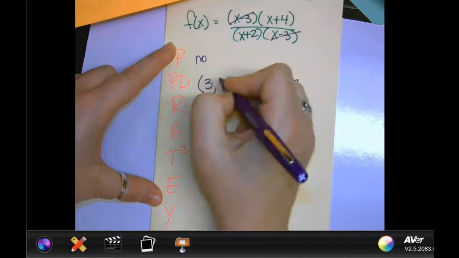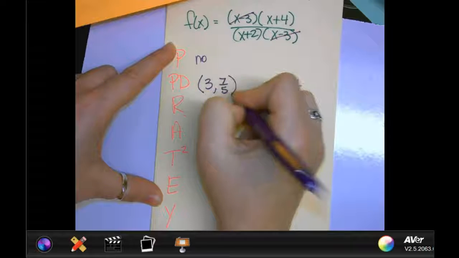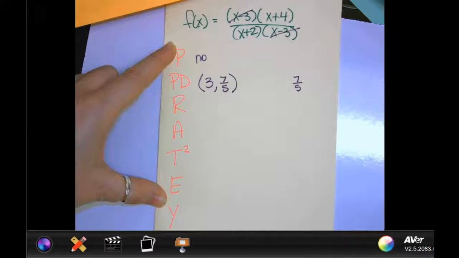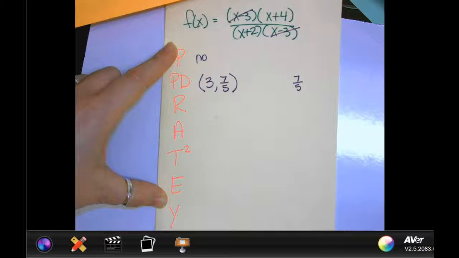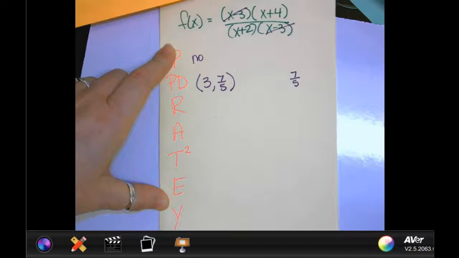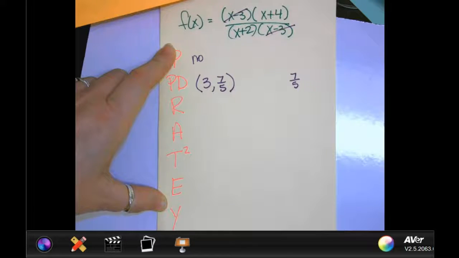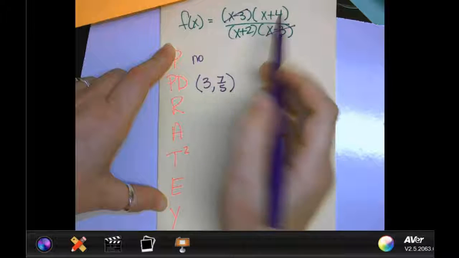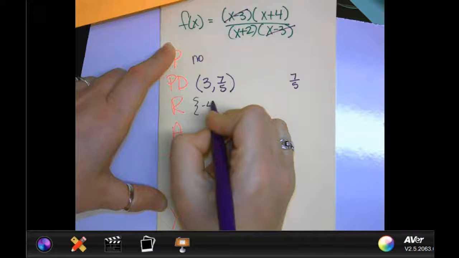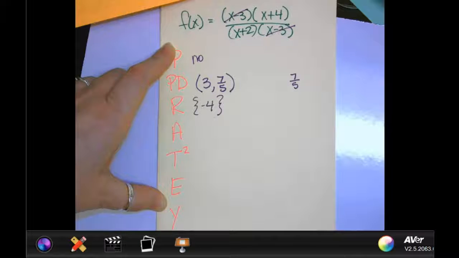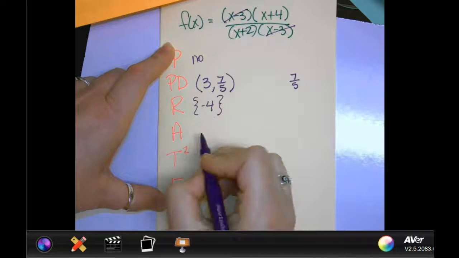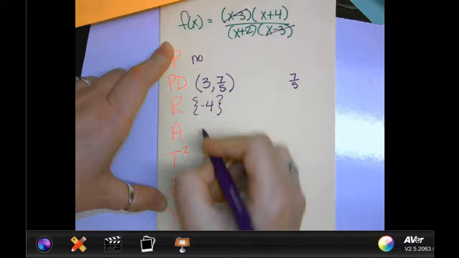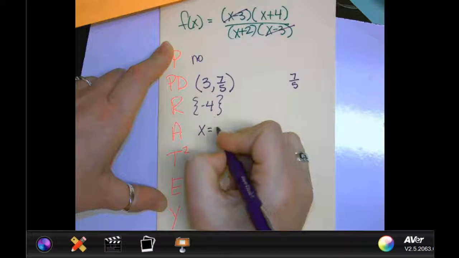Yeah, okay, so 7/5. What are your roots? My roots just come from the numerator. Okay, -4, so it's just -4. Does it have a vertical asymptote? Yes, x equals what? -2.